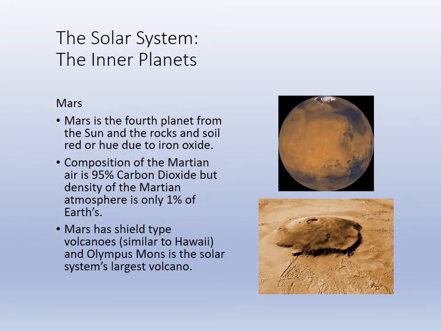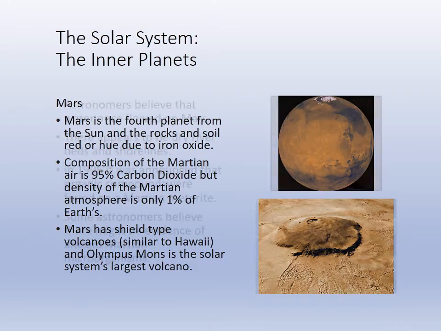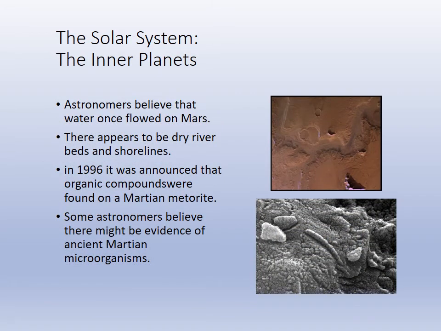Mars has the largest volcano we know of in the solar system. It's extinct. It's a shield volcano called Olympus Mons. Astronomers believe there used to be water due to the oxidation, due to the rilles looking like riverbeds that are now empty.